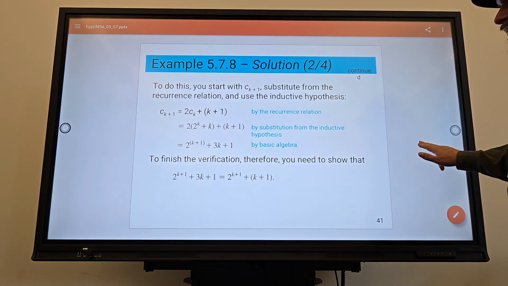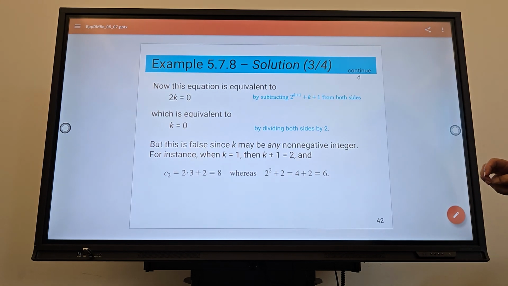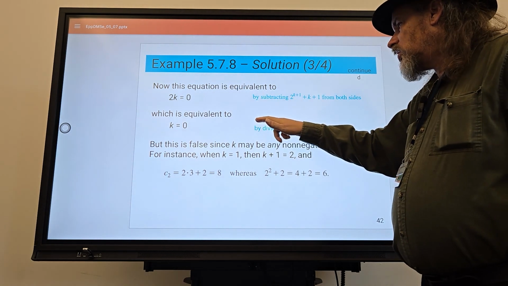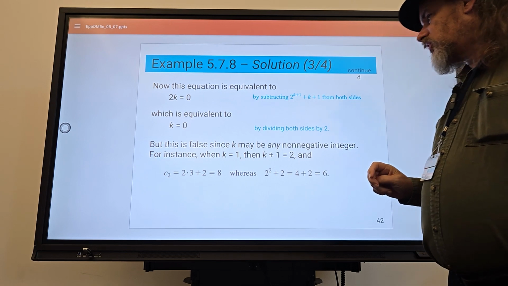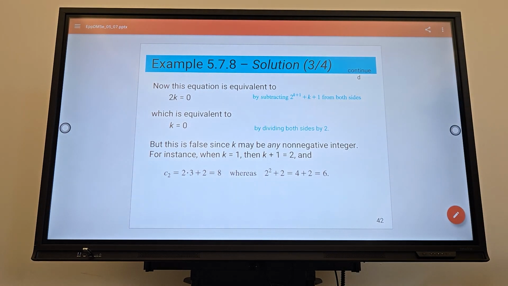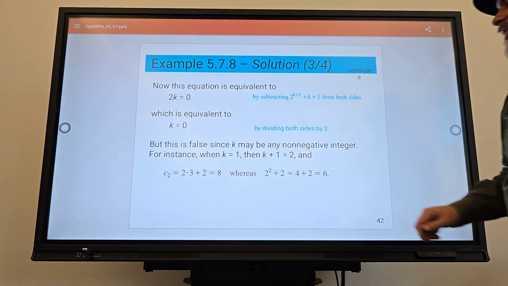Well, some simple addition and subtraction. This equation is equivalent to 2k equals 0, which is equivalent to k equals 0. But this is false, since k may be any non-negative integer. For instance, when k equals 1, k plus 1 equals 2, and the two expressions do not hold true.